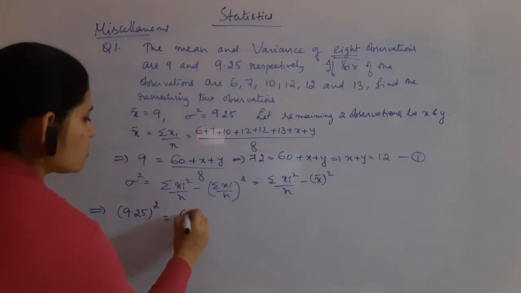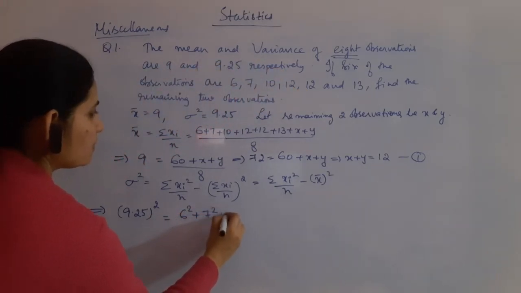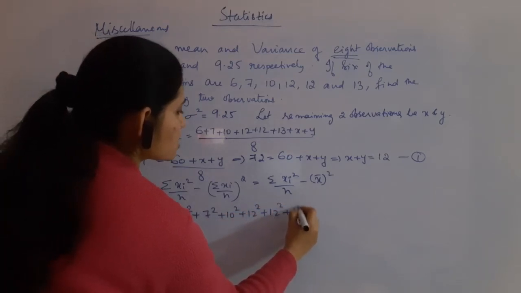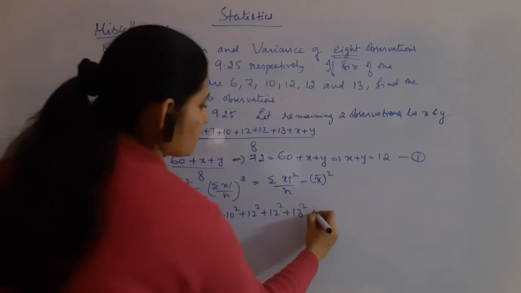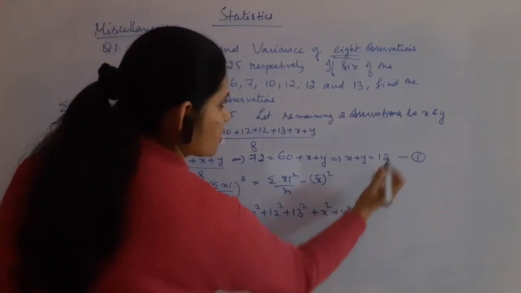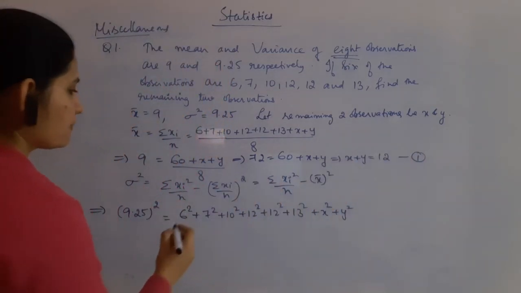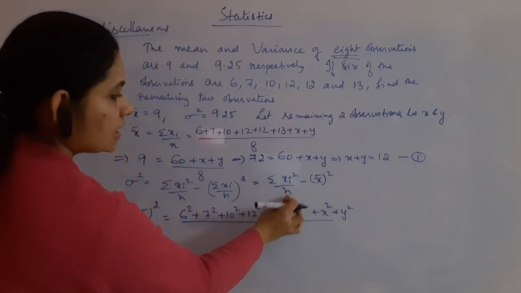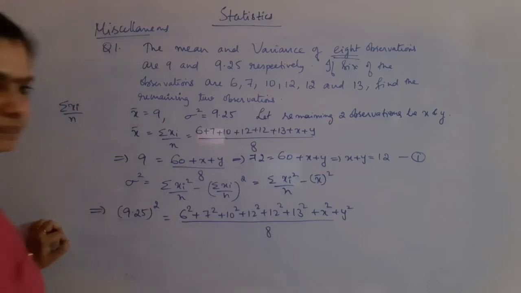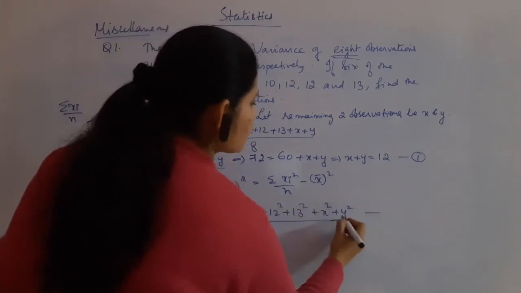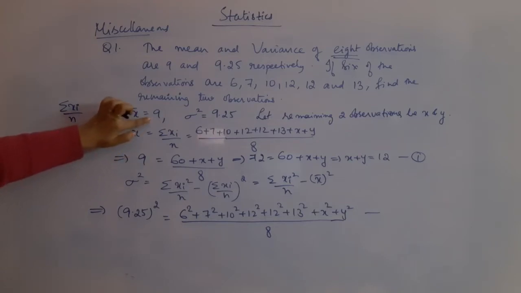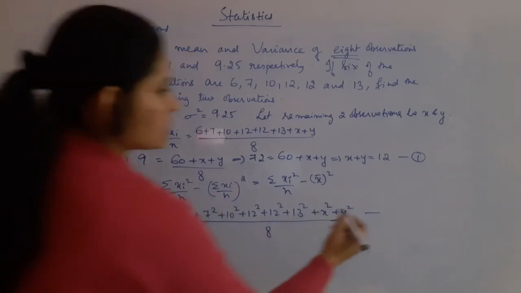That means it is 6 square plus 7 square plus 10 square plus 12 square plus 12 square plus 13 square plus x square plus y square, which are the unknowns, so this much is your sigma xi square, divided by n. N is 8 again, minus x bar, which is given in the question as 9, so it is 9 square.